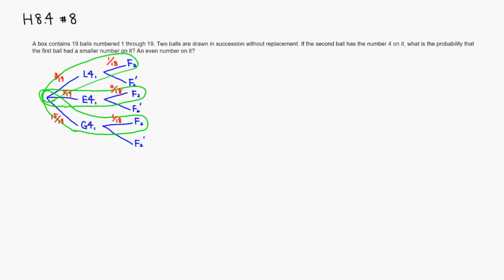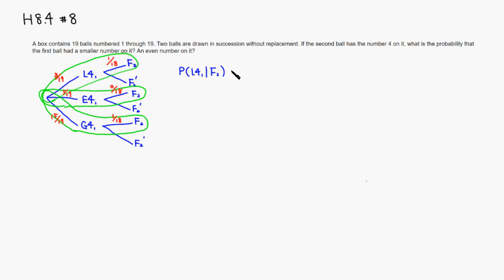So we want the probability that the first ball is smaller, so it's going to be L4, given that the second ball was 4, so F2.